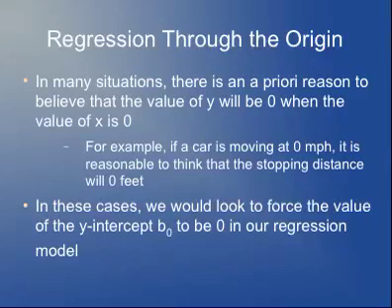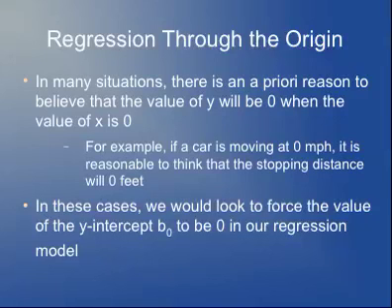And one other quick thing worth mentioning is regression through the origin. In my personal opinion, I pretty much never use this, and I'll explain in a minute why I think it's a bad idea, but occasionally people will want this, so I'll explain how it's done in case you ever need it.